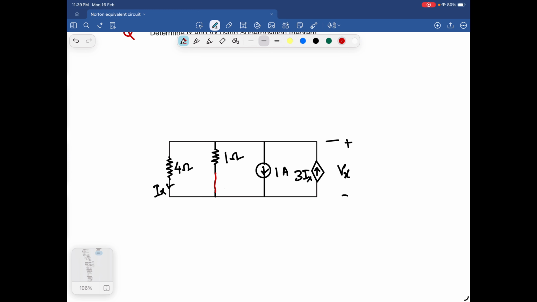Now we can see this is a single node. Let the current through this 4 ohm be Ix1, and the voltage be Vx1.